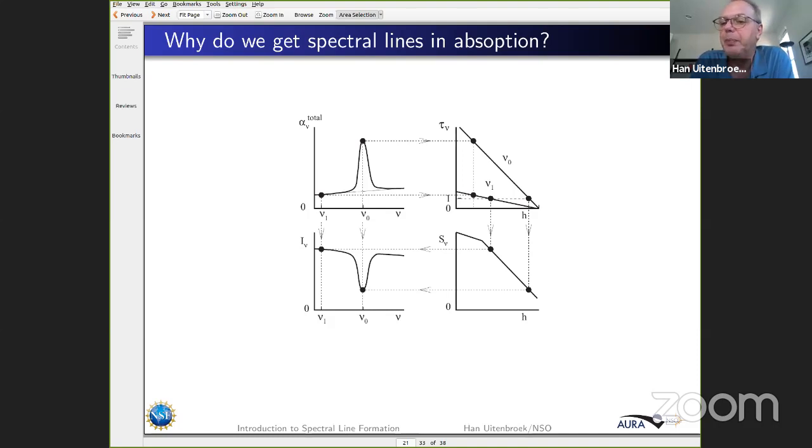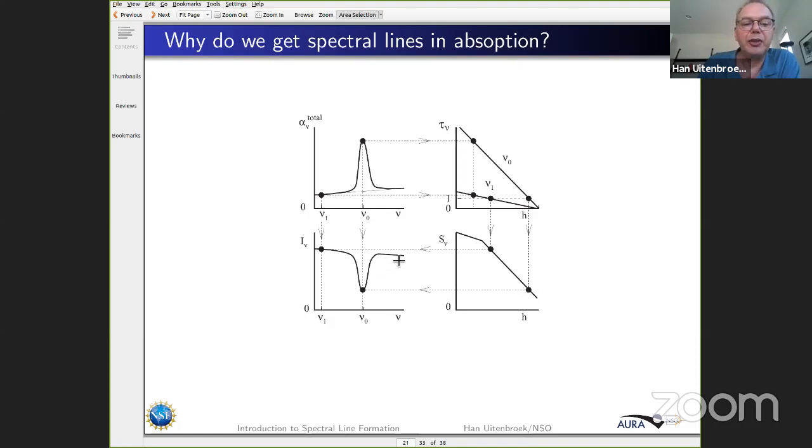But all the properties at the given height that you sample are also translated into the different properties of the line. If the atmosphere moves at this height in the atmosphere, you will see that reflected in the Doppler shift of the line core. If there's a magnetic field, you'll see that reflected in the polarization at these wavelengths.